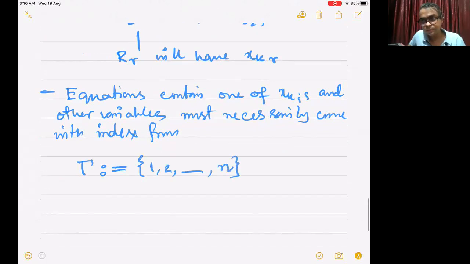These were my variables, x1, x2, x3. So the indices are 1, 2, 3 up to n. But in those equations now, these numbers k1 to kr will not appear.